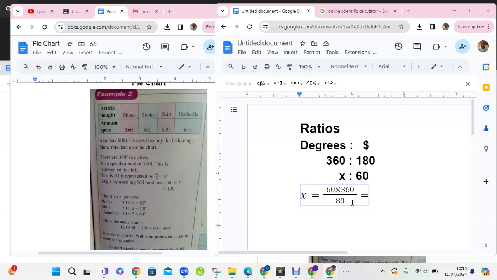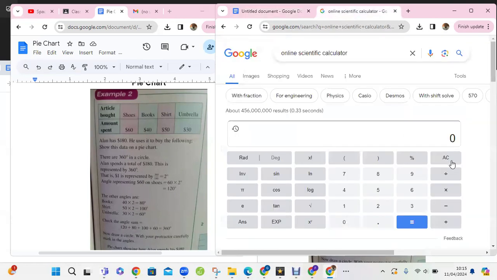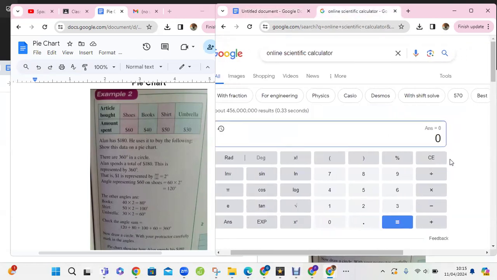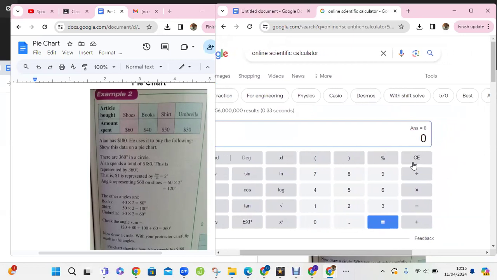So what we do, we access our online calculator. It is 60 times 360 divided by 180. So you go to your calculator and you type 60 times 360 divided by 180 and get 120.